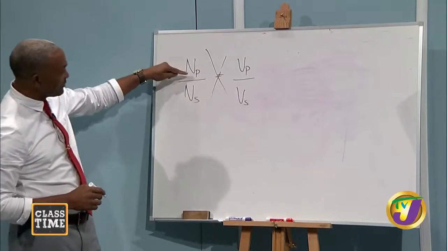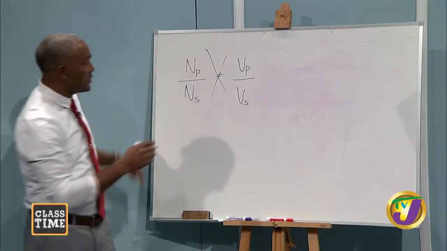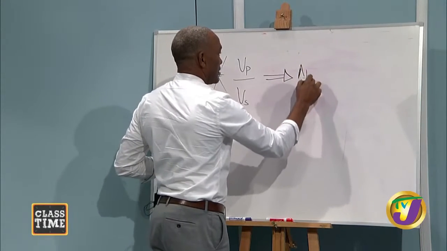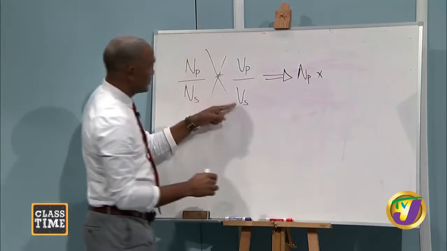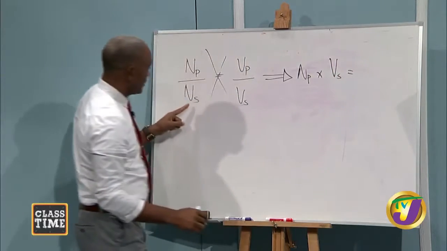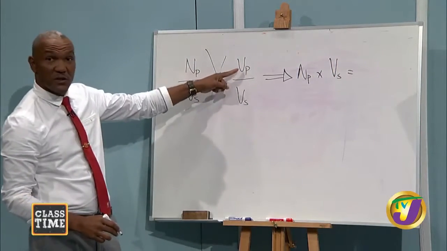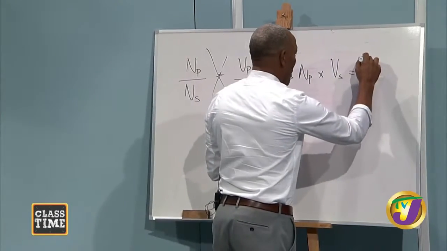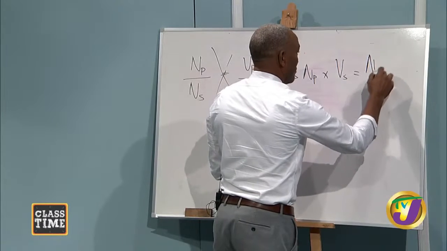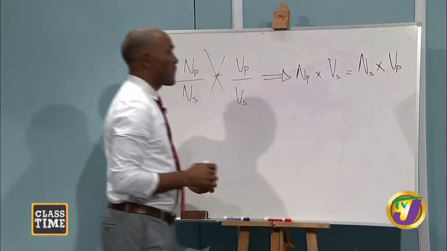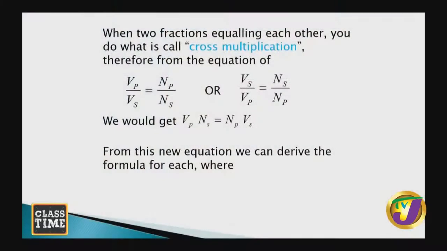We have Np, so this would give me Np multiplied by Vs is now equal to Ns multiplied by Vp, or you could say Vp multiplied by Ns. It matters not which one of them you put first. And that would be your equation coming from what we have as fractions.